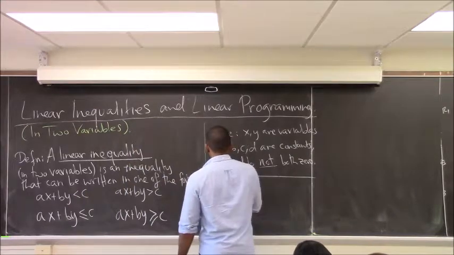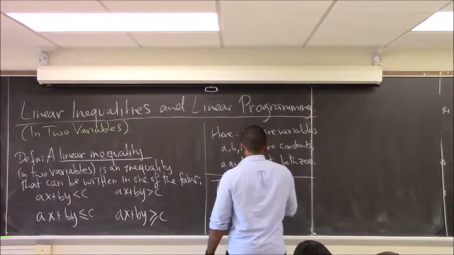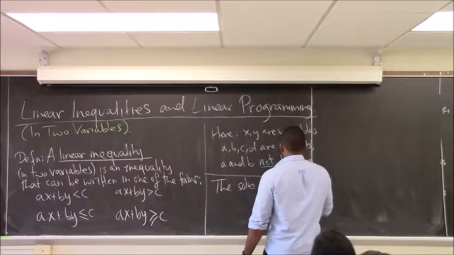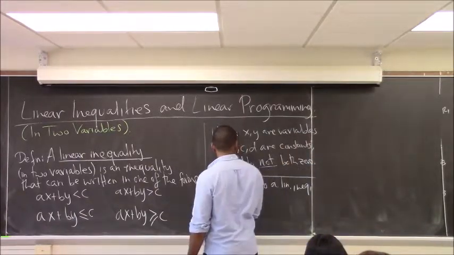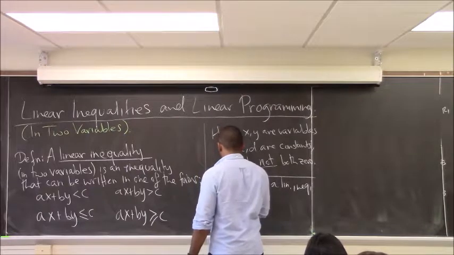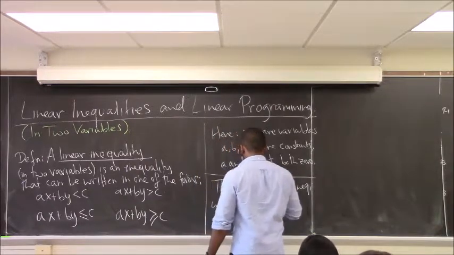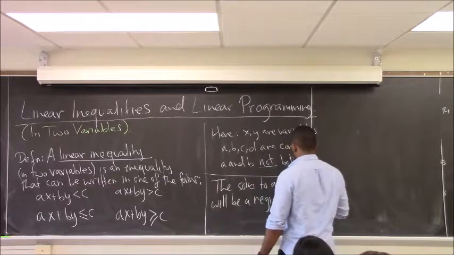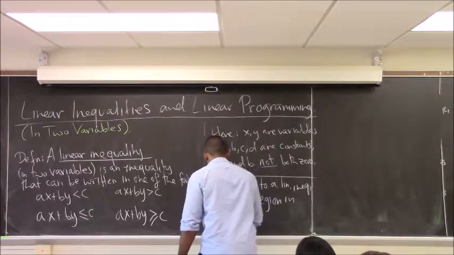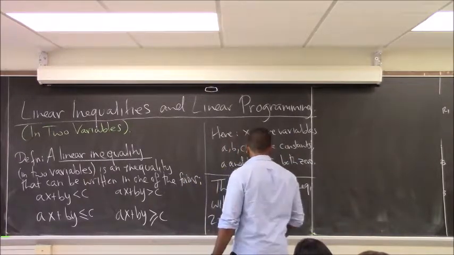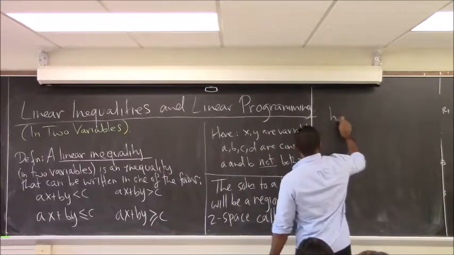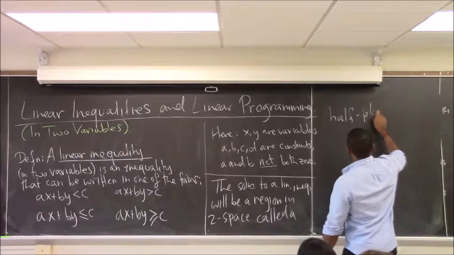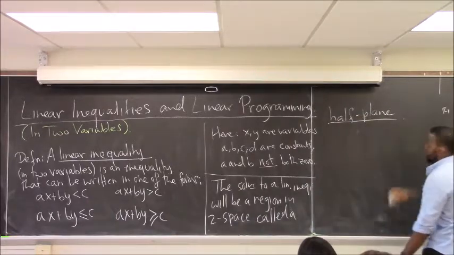Now, the solution to a linear inequality will be a region in two-space called a half plane. Why is it called a half plane?